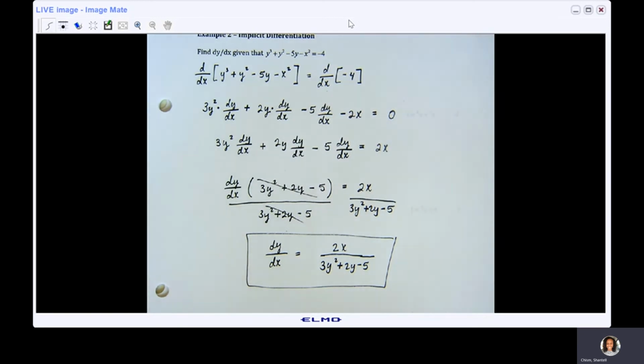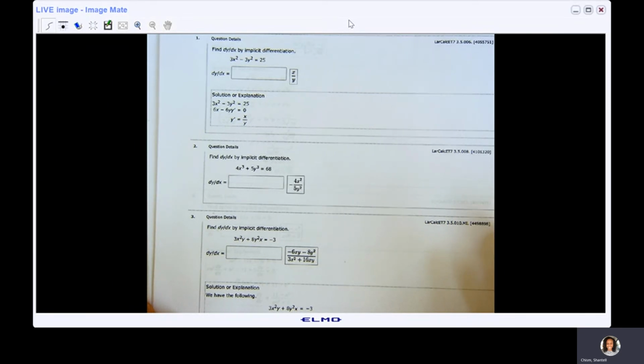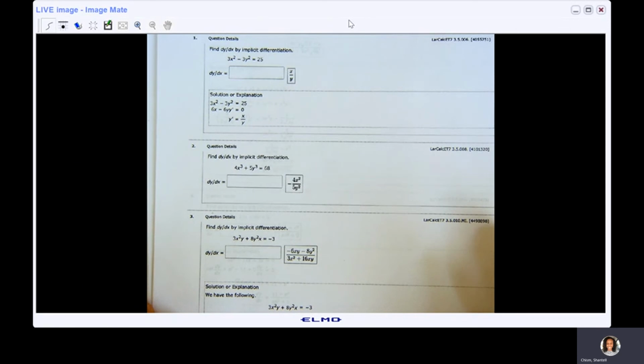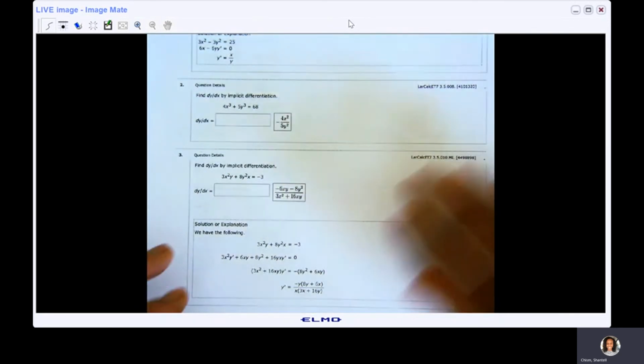Okay. All right. So let's see if there's more to look at here. Problems 1, 2, and 3 are very similar to that one I just did, but I will show you, let's say, number 2. So we're looking for the derivative. Let me get a piece of paper here.